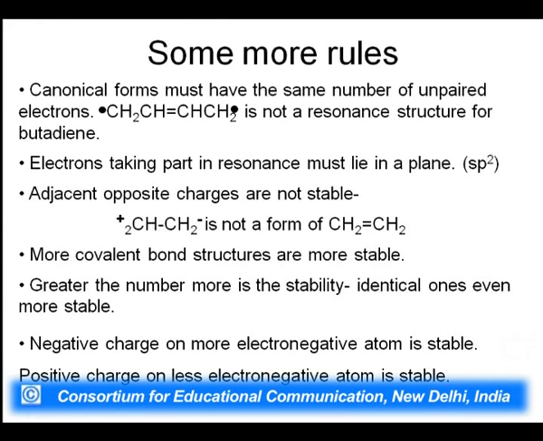So if resonance has a negative charge on nitrogen in a carbon nitrogen bond, then this is more stable because nitrogen can sustain the negative charge because of higher electronegativity. If the negative charge is on carbon, then it is a less stable resonance structure or a wrong structure. The applications of resonance effect, I will quickly go through those things.